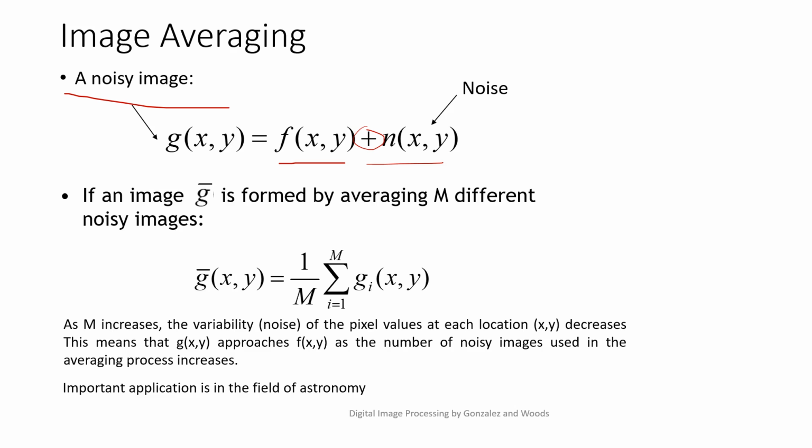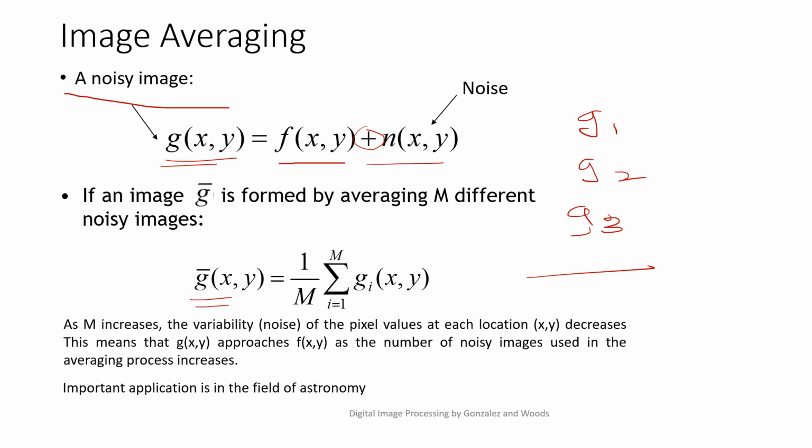So we will get noisy images. What we are saying is, if you take multiple noisy images, g1, g2, g3, g4, and if you take the average of these images, whatever the result is, here it is shown by g bar, that will approach the original image.